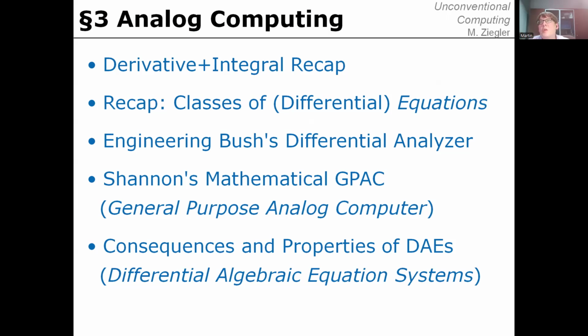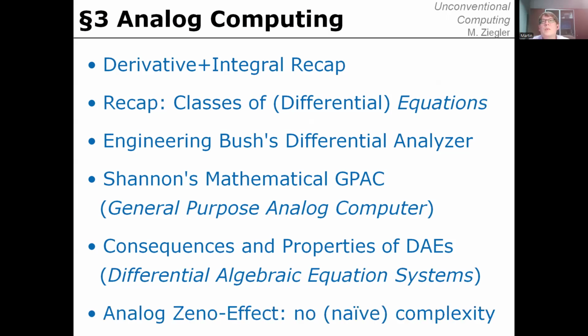From this, we conclude that certain functions cannot be calculated by the differential analyzer, including the Riemann zeta function and the gamma function. And finally, we ended with an analog version of the Zeno effect, accelerating computation, which means there's no, at least naive, complexity theory. Defining complexity for an analog computer is a difficult endeavor.